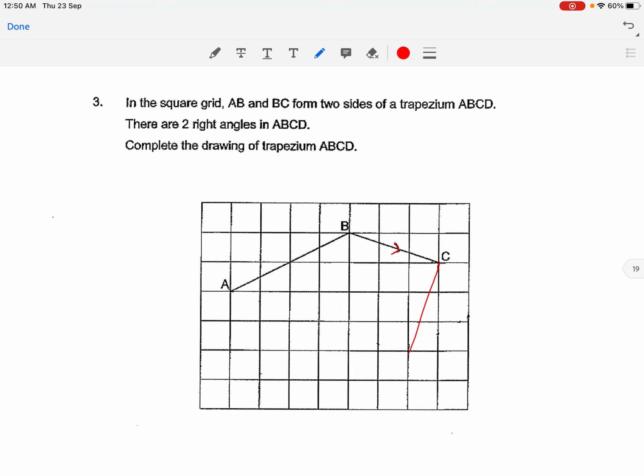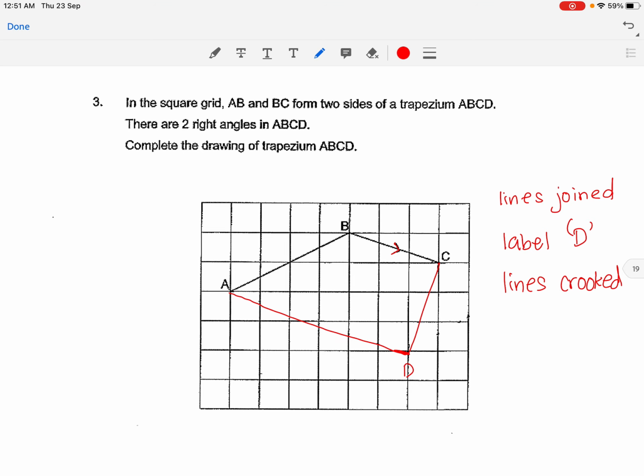Few things that I'm going to check. Whether your lines are joined. Are your lines joined? If it's not joined, minus half a mark. If there are no labels for D, that means I don't see that you labeled D, minus half a mark. If your lines are crooked, I don't know how, maybe something happened to your ruler.